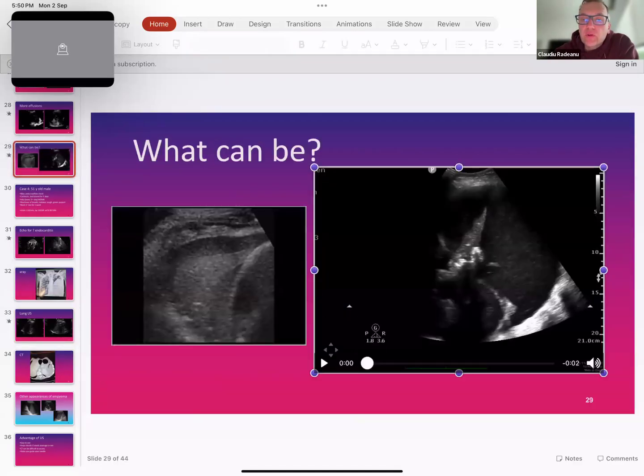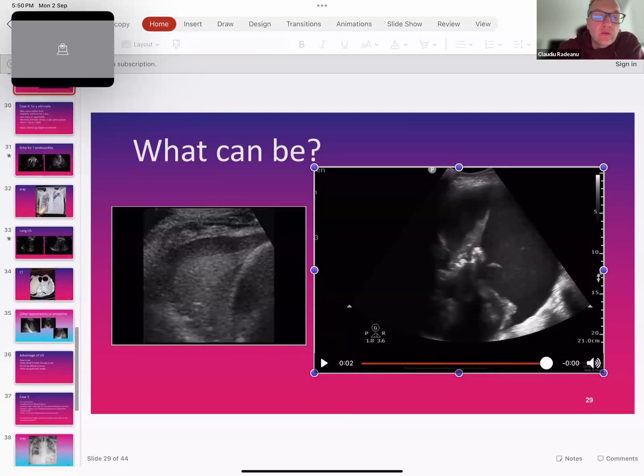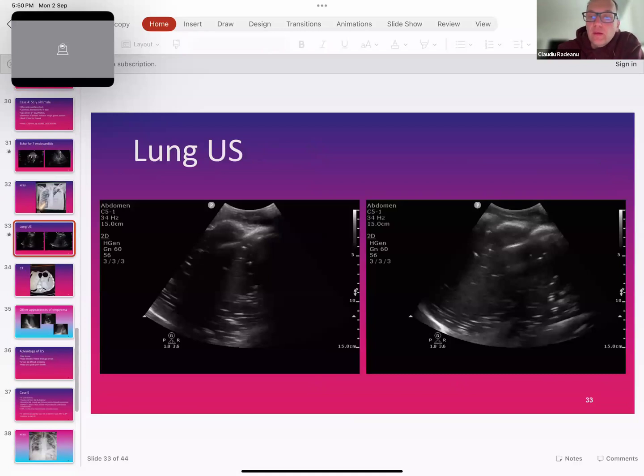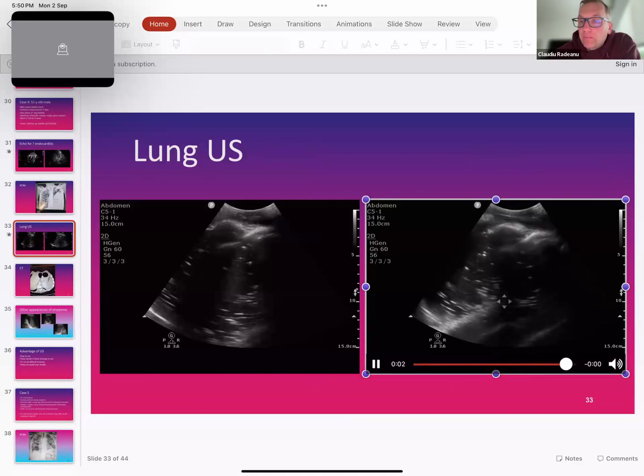You remember that if you see the same kind of echogenicity, the echogenicity is kind of the same. So this is empyema, actually.